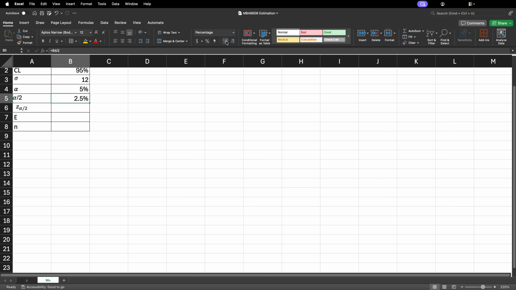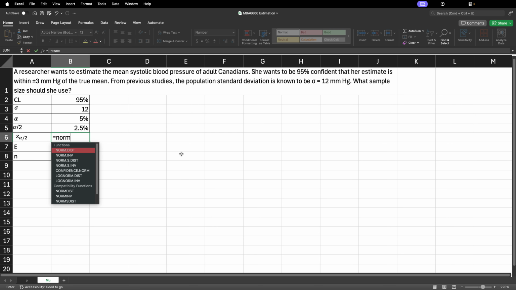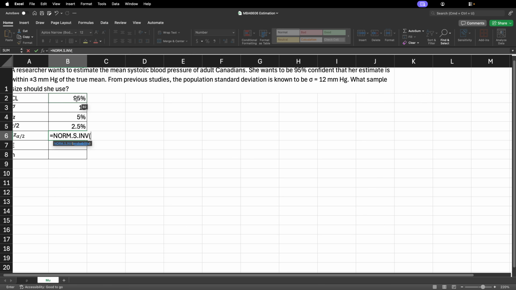I must increase the level of significance here. Now let's determine the z value corresponding to alpha by 2. That will be 95 plus 2.5, that is 97.5, is equal to NORM.S.INV of 97.5%.